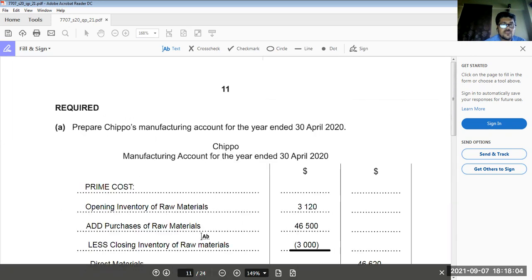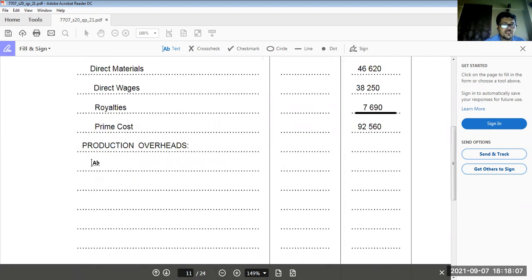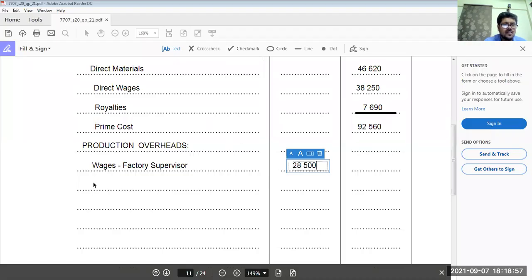So what we'll do right over here. Number one, wages of factory supervisor. Done. Now, factory general expenses.